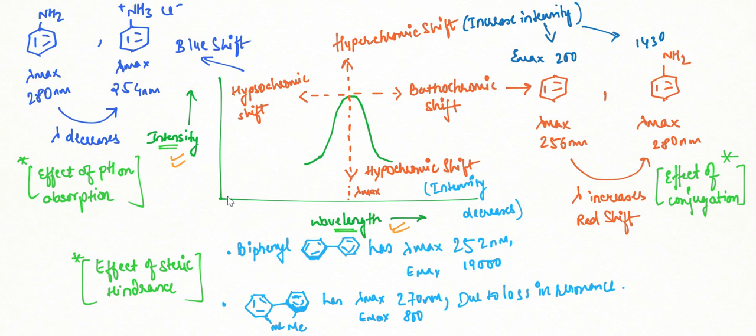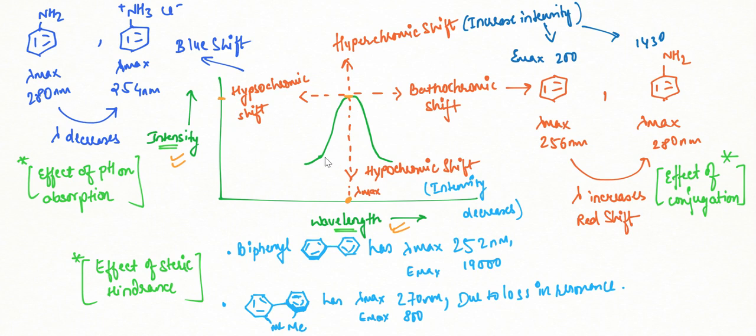If we look at the peak here, say this is one of the samples we are detecting, then this is our lambda max, the wavelength on the x-axis, with the intensity this much.